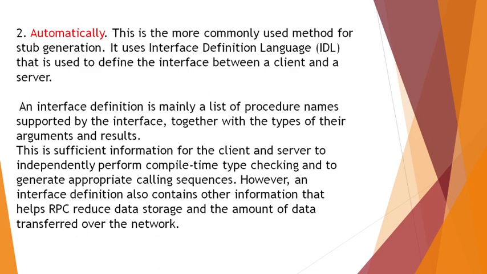Both the errors we can check, and it also contains some other information which helps the RPC to reduce data storage and the amount of data transferred over the network. So IDL acts as an interface between the client and a server. With the help of the IDL compiler, we will generate the stubs automatically.